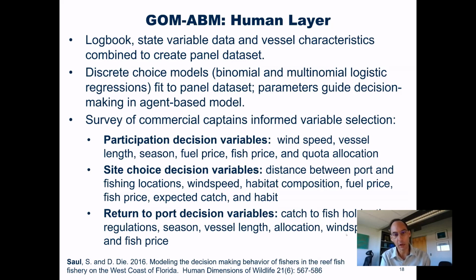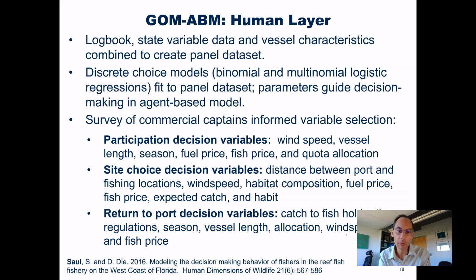And then we initially surveyed a handful of vessel captains to determine what the most important variables are when they're making these decisions. And then those were the variables that we collated data on and merged into this panel data set and used to fit 3 discrete choice models.